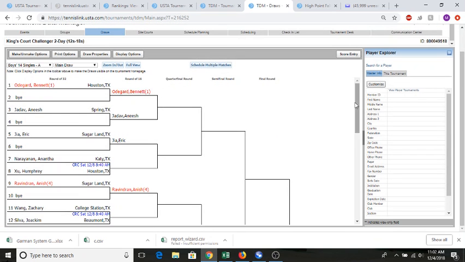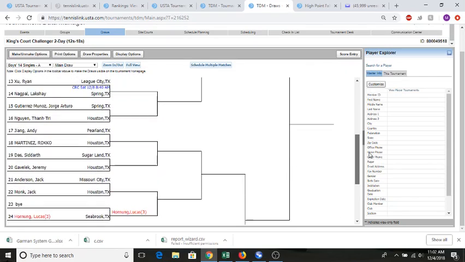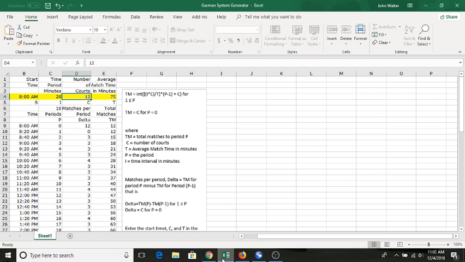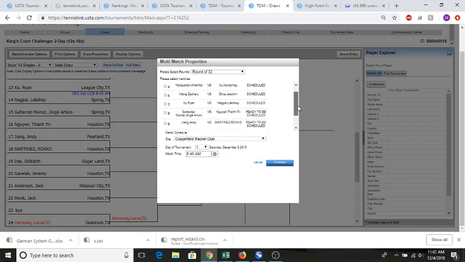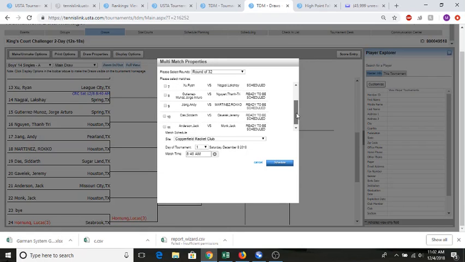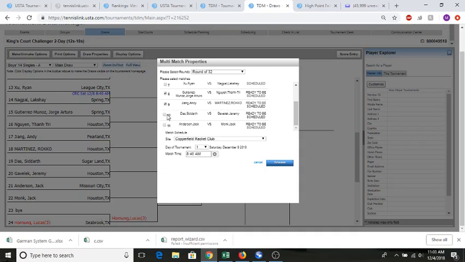And it should have scheduled the top 3 for 8:40. 1, 2, 3, perfect. My next time frame is 3 at 9. So we'll schedule multiple matches. You can see the top 3 have already been scheduled, ready to be scheduled. 1, 2, 3, 9 a.m.